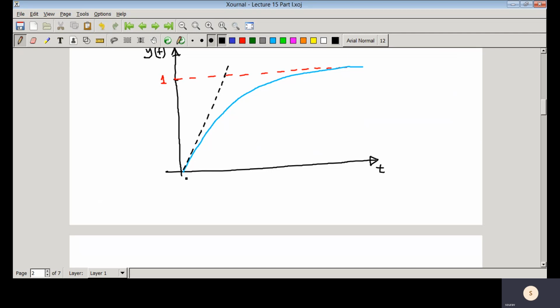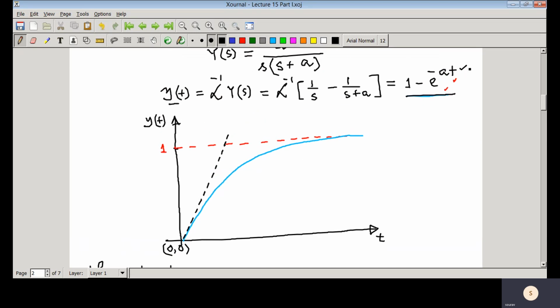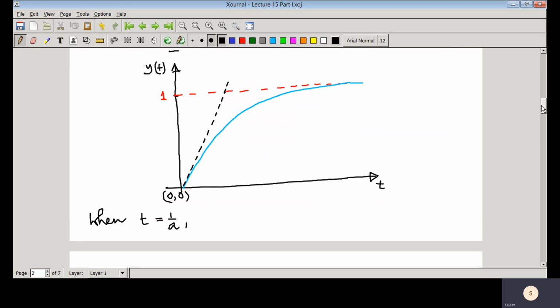So this is the origin, 0, 0. When t equals 1 by a, if you just replace t equal to 1 by a, then y(t) is equal to 1 minus e to the power minus 1. So that is 0.632.